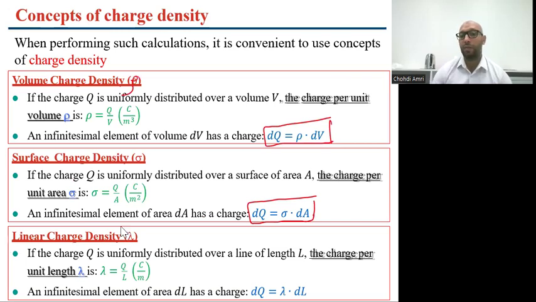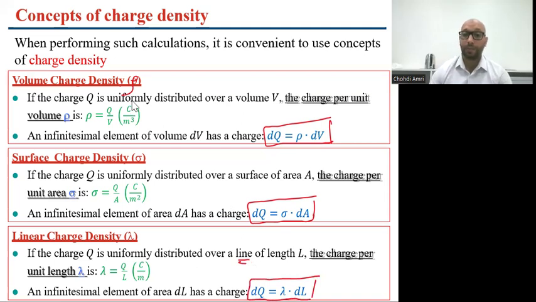For the linear charge distribution, lambda, if the charge Q is uniformly distributed over a line of length L, the charge per unit length, lambda, is given by Q divided by L. For an infinitesimal element of length dl, the charge dq will be lambda dl.